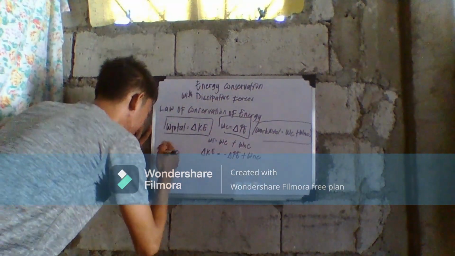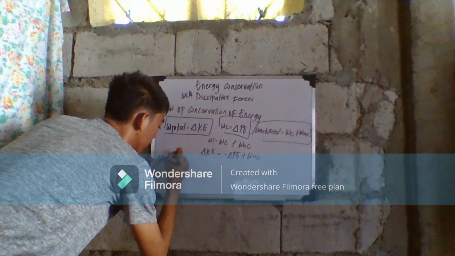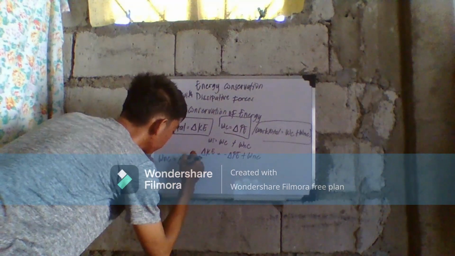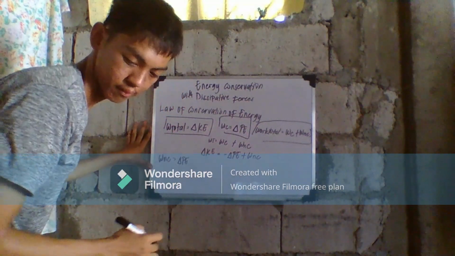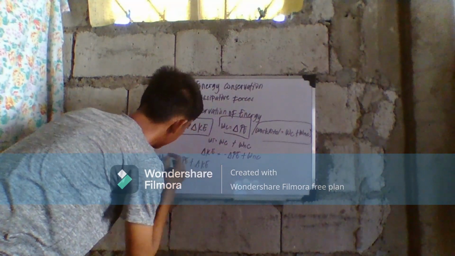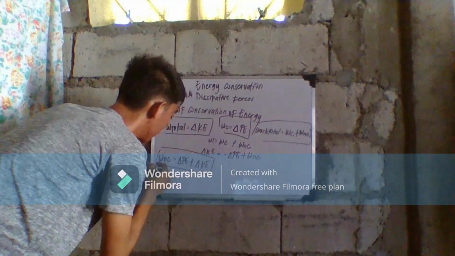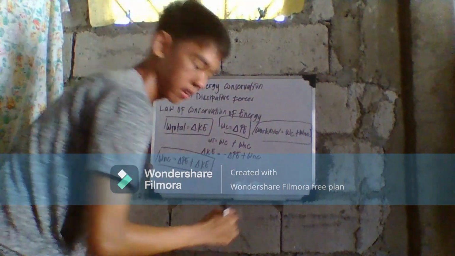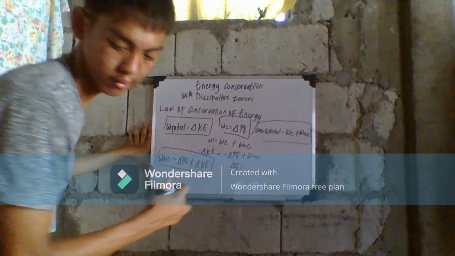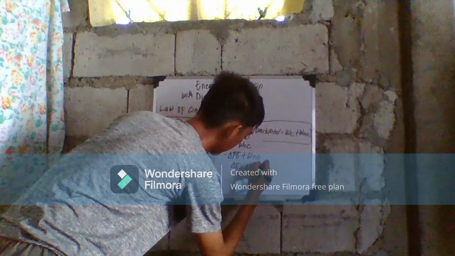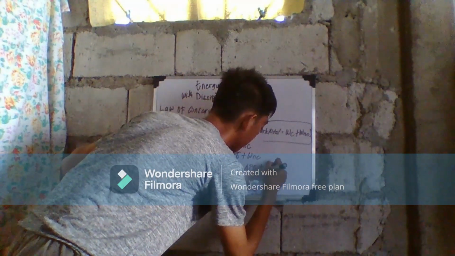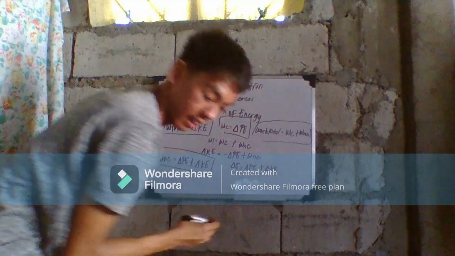So, work non-conservative equals change in potential energy plus change in kinetic energy. Change in energy equals change in potential energy plus change in kinetic energy.